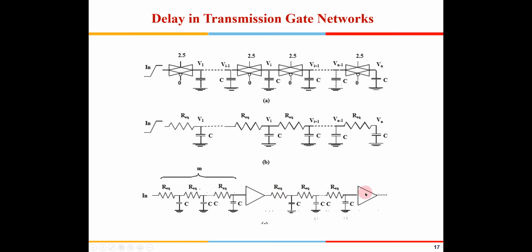So each of these buffers will do that, right? Because the moment it has reached slightly below or above the threshold voltage of the inverter, you will find full swings available here. So that will speed up the operation of this chain. Yeah, correct.